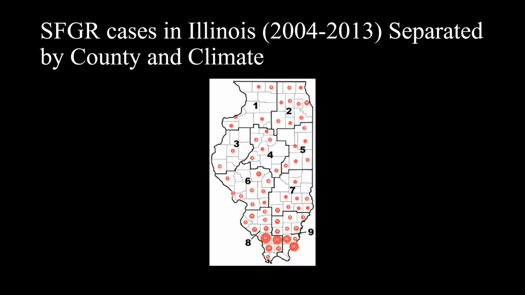And this leads me to this study here, done by Kearns et al. 2017. And they looked at spotted fever groups, not necessarily Rocky Mountain spotted fever, since, like I've said, the testing is so hard to differentiate between all the specific groups.